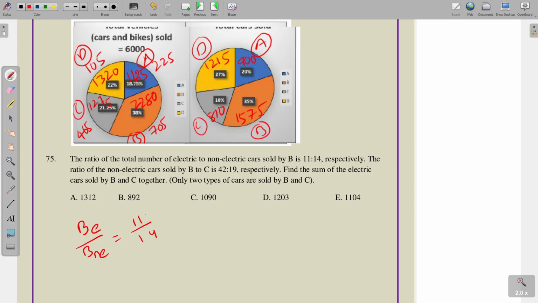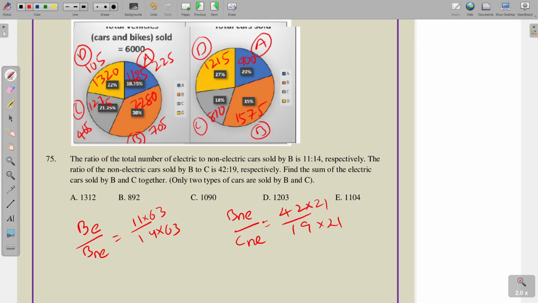So now 25 is 63 times. 63 times means it is electric cars of B and non-electric cars of B. The ratio of non-electric cars of B to non-electric cars of C is 42 by 19. So the non-electric cars are 14 into 63, multiplying it comes to 19 into 21.